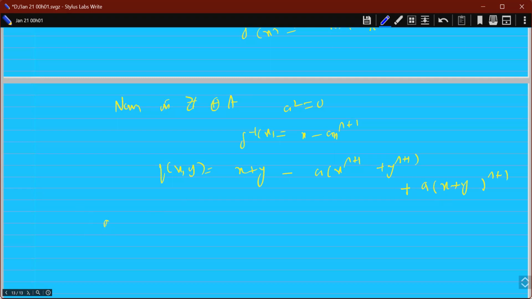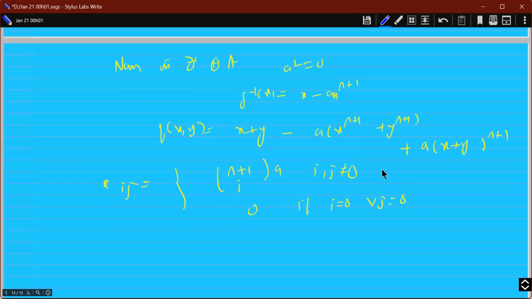The obvious solution would be, so you can set Aij, where I and j both are non-zero, to be equal to 0. So this is an obvious solution to this equation, right?